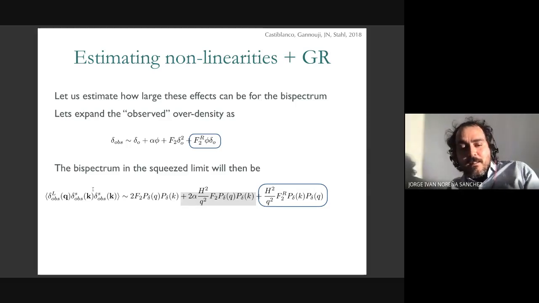And in the squeeze limit, this becomes really important because the short scales can be very nonlinear, and the large scale can be relativistic. So then you have to do a calculation which is both nonlinear and relativistic. There is no way around it.